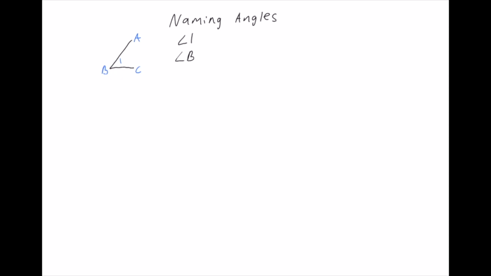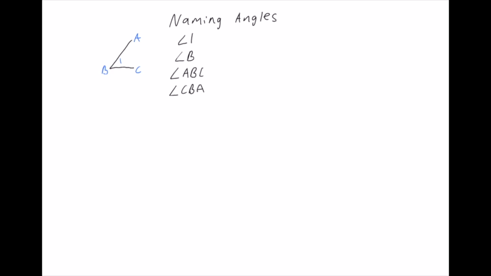Or you can name it by all 3 letters. A lot of times you'll need all three letters, so A, B, C. So it goes A, B, C, so you say angle ABC. Or you can go backwards and instead go C, B, A. So it's angle CBA.